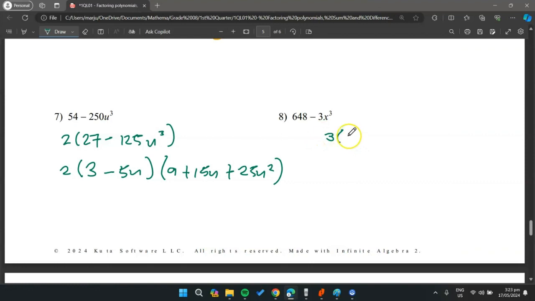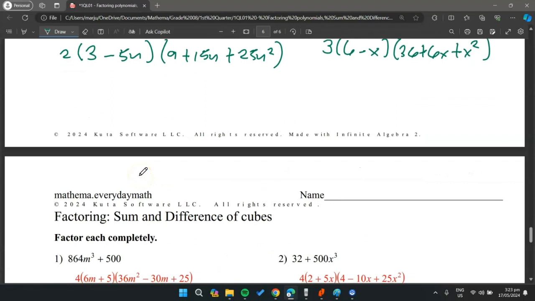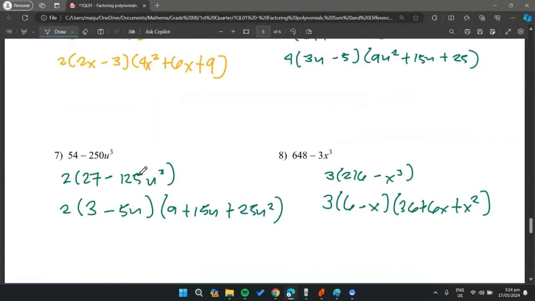So 216 minus x cube, and then again, we'll do 3. This is 6, right? 6 minus x times 36 plus 6x plus x squared. So again, that will be our answer for number 8. Alright, so I think that will be the last item.